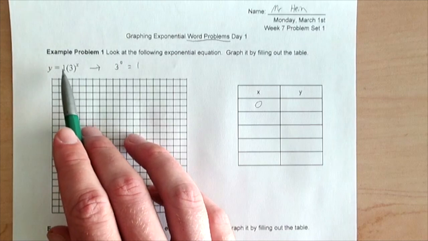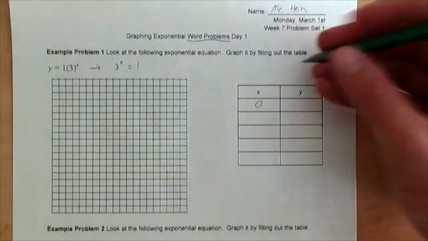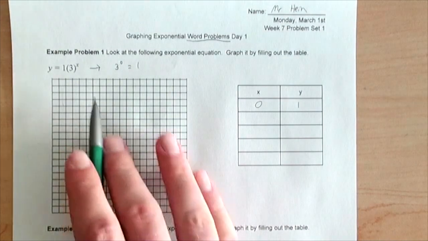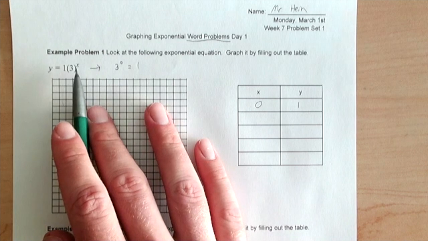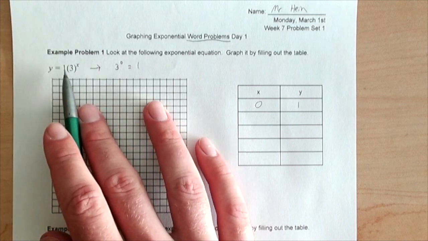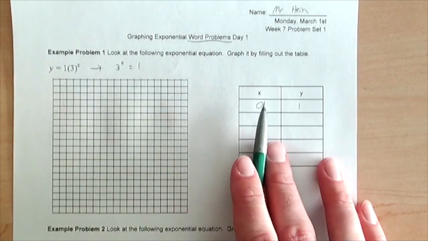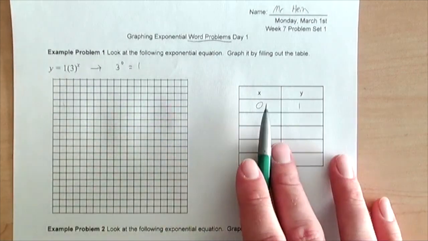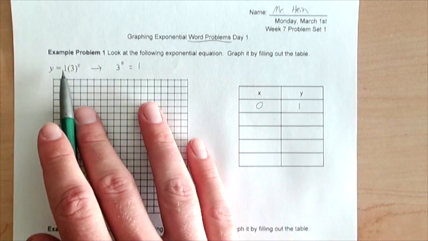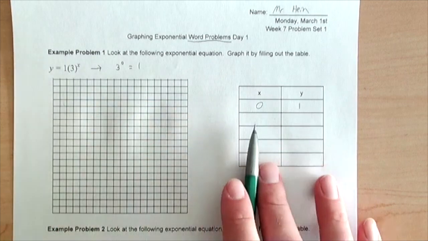So because this number was 1, if we plug in 0 into the equation, we get 1, okay? So if you're remembering the geometric sequences, this was considered the first term, and that's the same, but instead of the first term being 1 for an actual equation, it's going to be 0, okay? So maybe I didn't say that perfectly. This is review. But we're going to plug in 0, 1, 2, 3, and 4.